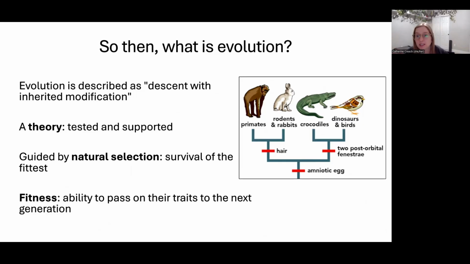Natural selection plays a role in that because who is the winner and the loser of passing on their genes is determined by the environment. So in my environment here, all of these plants are going to be losers because I don't have any pollinators in my house. These plants are going to live out their lifespan and then they're going to die. They're not going to get a chance to reproduce because their flowers are never going to get pollinated.